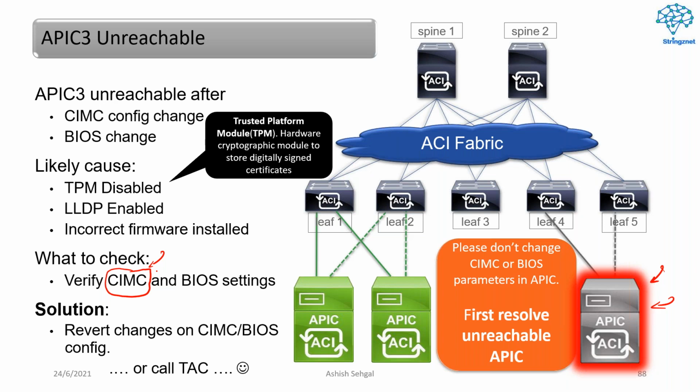Please request your local data center hands-and-eyes support, tell them how to configure the CIMC IP address, and then you can get remote access to the controller to fix the issue. That is the fabric first startup configuration issue.